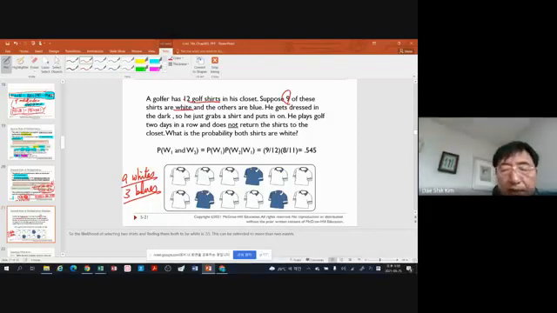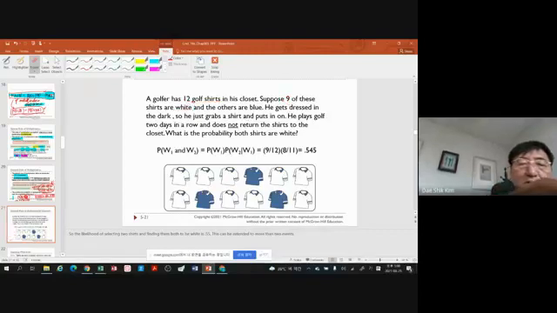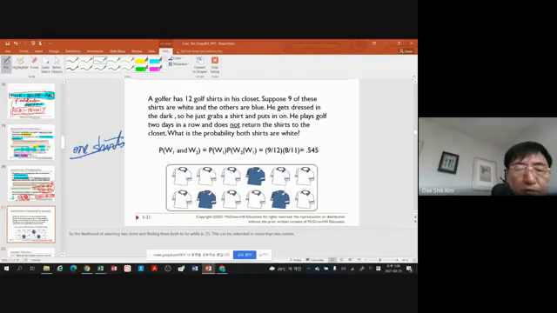Then the first one, I will calculate. Let's assume he chooses one shirt. The probability of white: how many shirts? Total 12. White has 9. 9 of 12, right? That is 0.75.